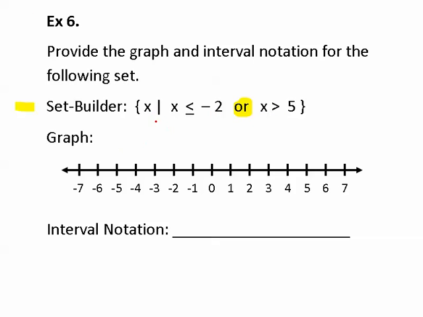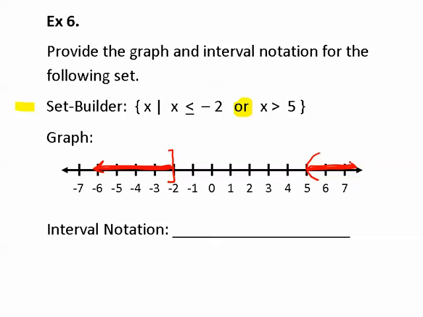So we have to account for both intervals in the union of the two, and that's what this is. So where is it less than or equal to -2? It's a bracket. Less than or equal to, we shade to the left. So we've defined the first set. Now what about the second? x is greater than 5. Greater has a parenthesis, and then we shade to the right.